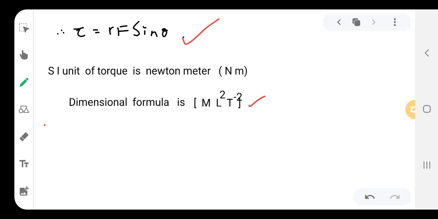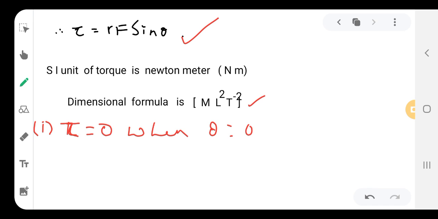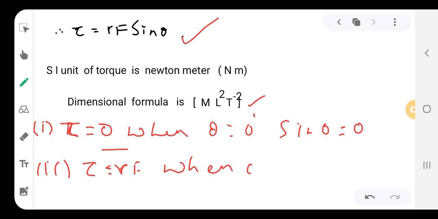We have two possibilities here. Tau will be 0 when theta is 0, since sine of 0 is equal to 0, so there will be no torque. That is the minimum value. Tau is maximum, that is r into F, when theta is equal to 90 degrees, because sine of 90 is 1.